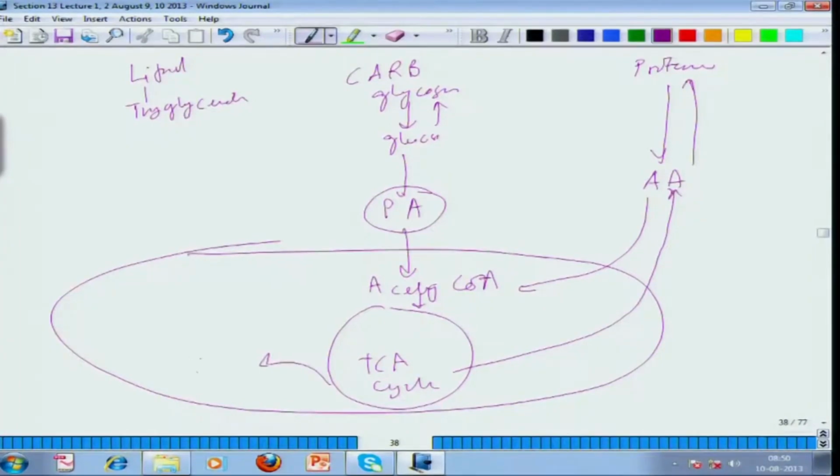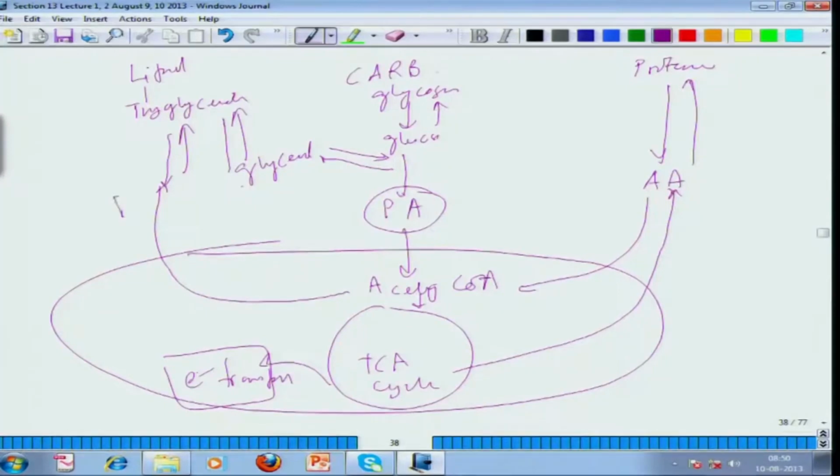From here you have the electron transport chain, and through different routes, either through glycerol, which comes as a product of glycolysis, and here the fatty acids, becoming part of forming acetyl coenzyme A and becoming part of the TCA cycle, there is this ATP synthesis which is taking place.